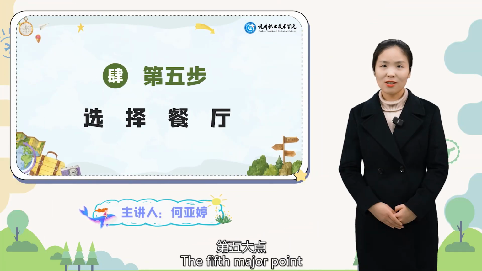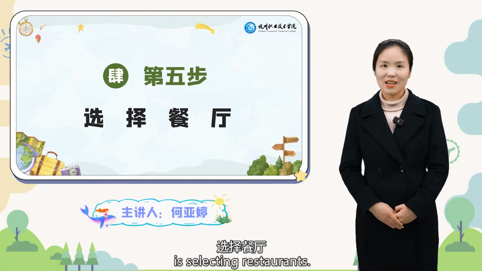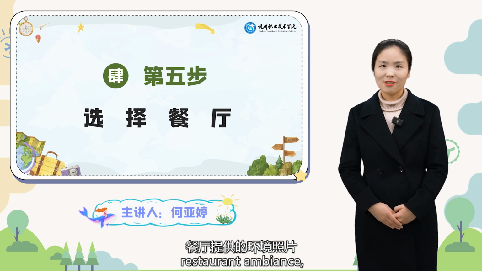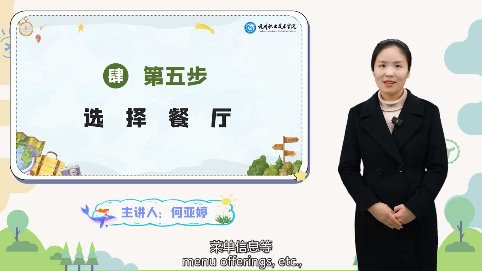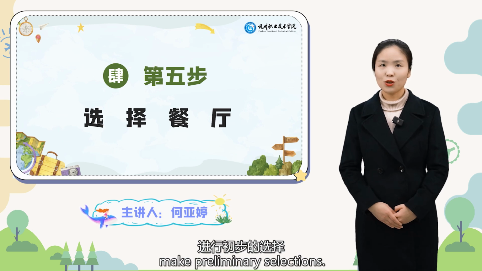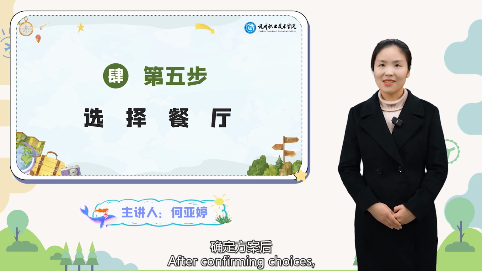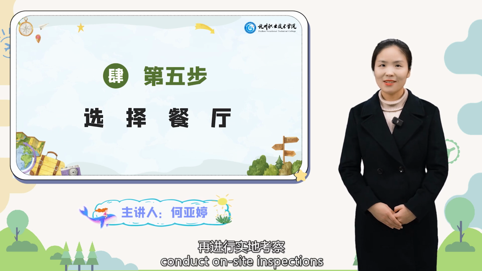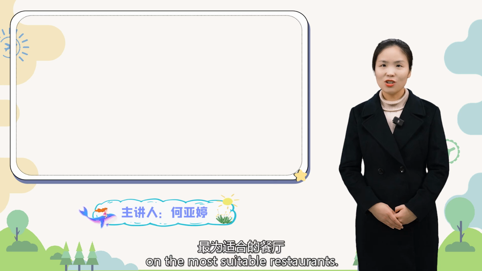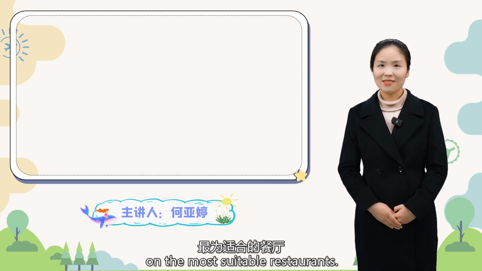The fifth major point is selecting restaurants. First, based on basic criteria such as ambience, menu offerings, etc., make preliminary selections. After confirming choices, conduct on-site inspections to make a comprehensive decision on the most suitable restaurant.